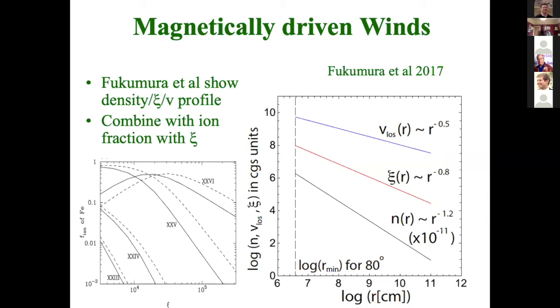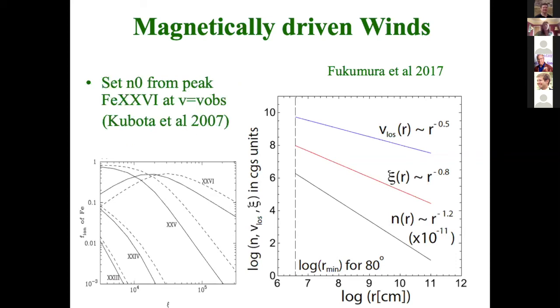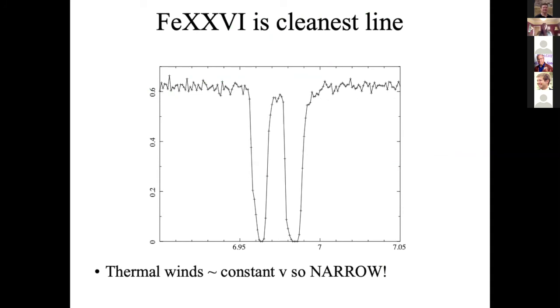And so I take their density profile, and that then predicts me an ionization profile, combine it with an ion fraction calculation for that spectral shape, and you get a prediction for the doublet iron 26 shape.